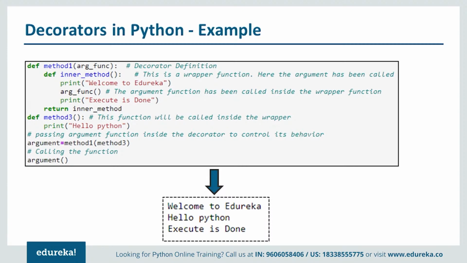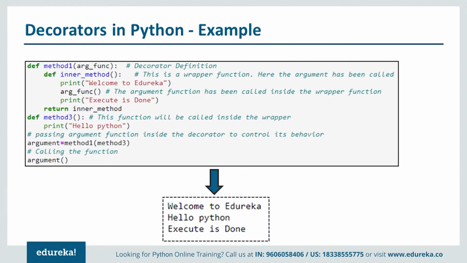Now in this case, we have a method called method1, in which we are trying to give a particular argument as a function. We have an inner method over here which is printing "welcome to Edureka", and we are calling the function called arg_func, and then we are printing "execute is done".